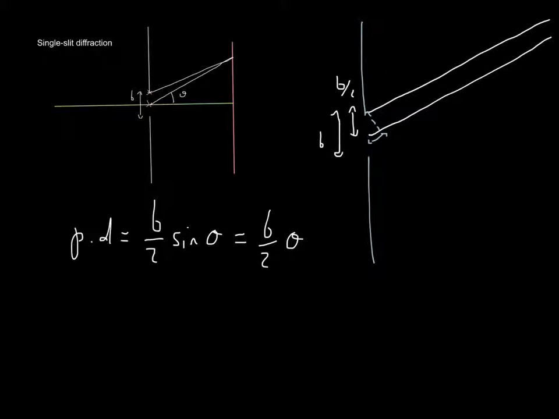Now, in this case, we're not really interested in the distance between any 2 maxima, because what really happens in an interference pattern, in diffraction, is that we will have something like this. We'll have a big maximum here, and then small minima like this. So what we are normally interested in is the width of the first diffraction maximum.